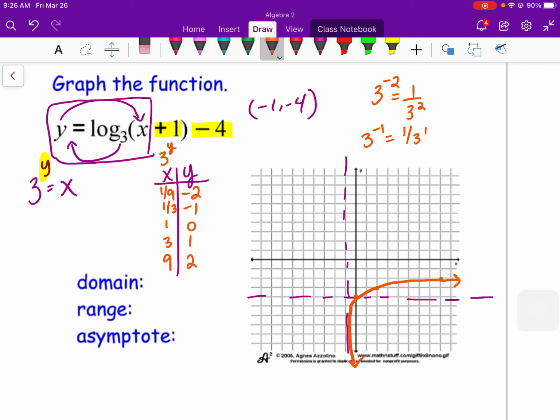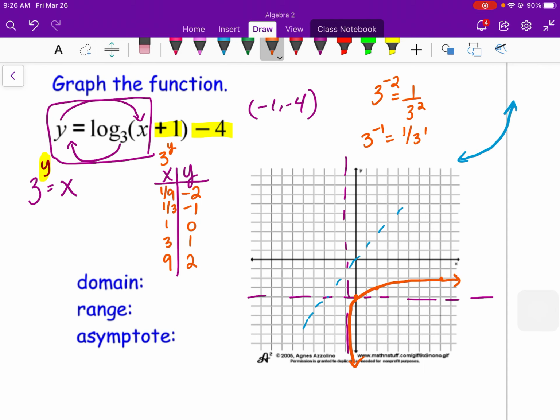So this log is base 3, so it's the inverse of an exponential growth function. So the growth function would look like this, and then that inverse is reflected over this line y equals x. So that's why it's turned and looks like this. And so it's a good way to check to make sure your graph is correct.